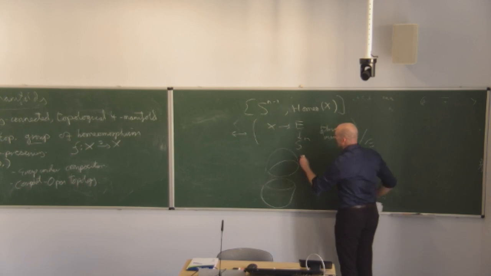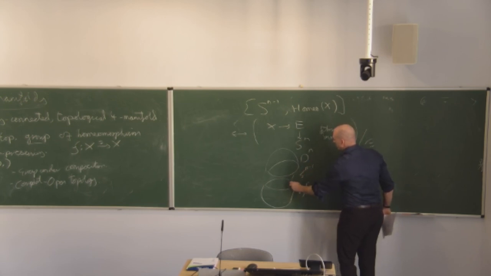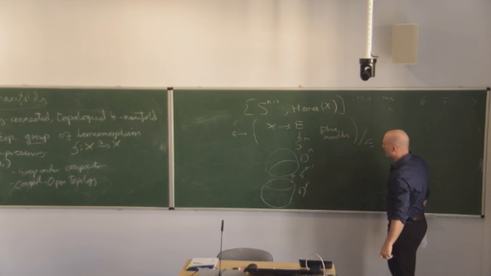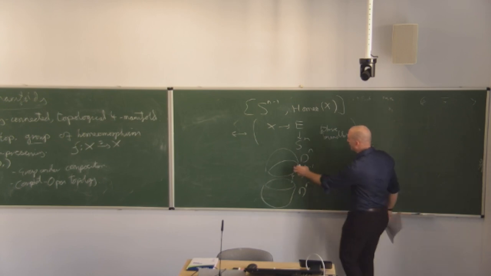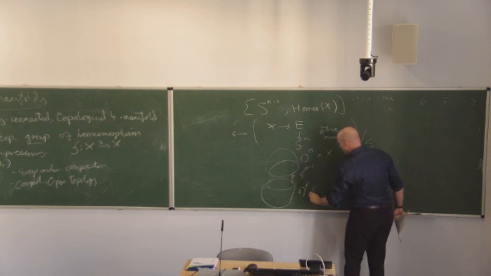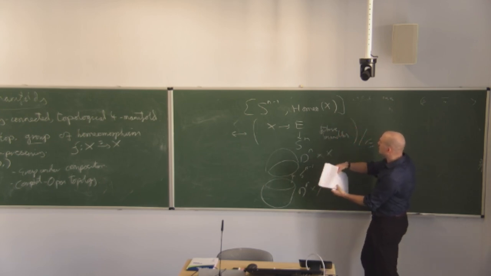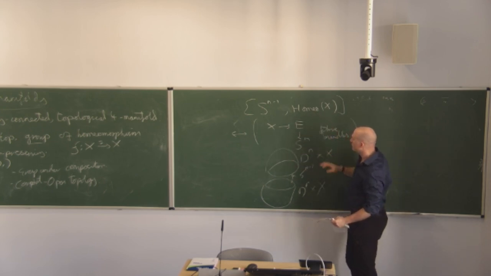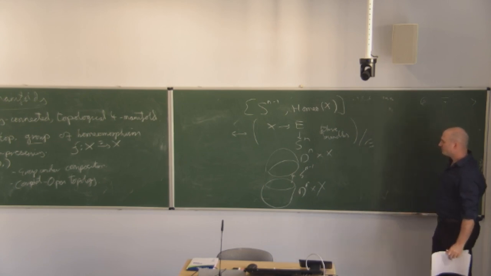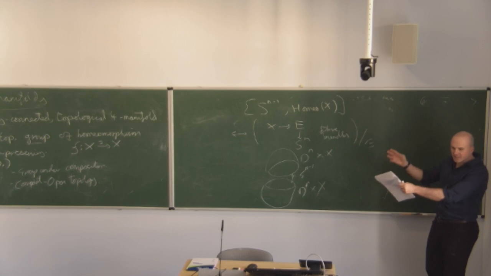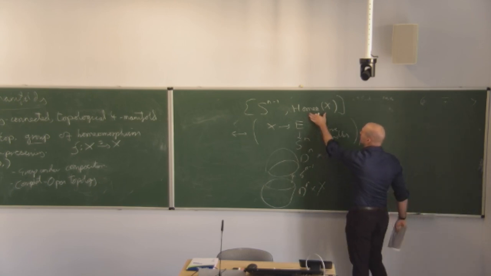So this is D^n and D^n, and this is S^{n-1}. The way we glue the bundle together: here I take D^n cross X, and here I take D^n cross X, and then we glue them together using such a map, and we get a bundle of this form.